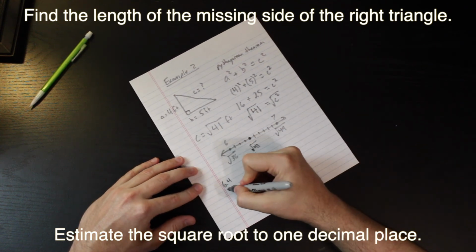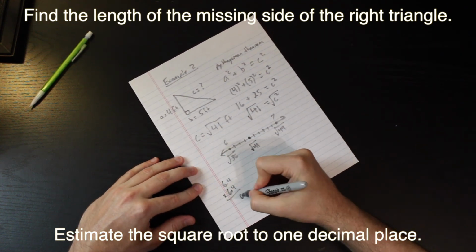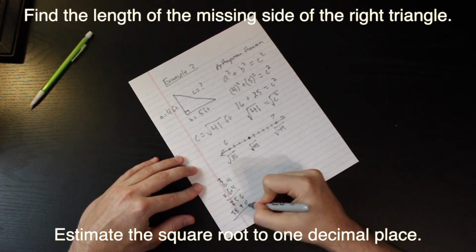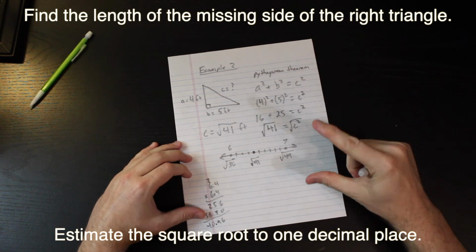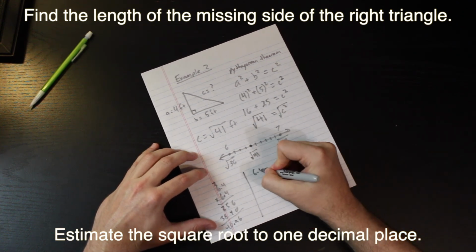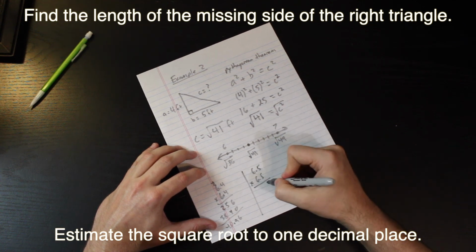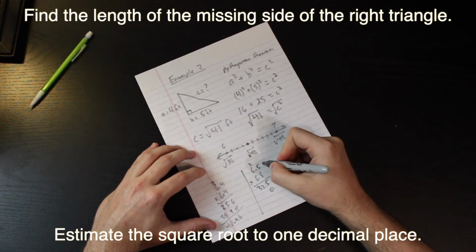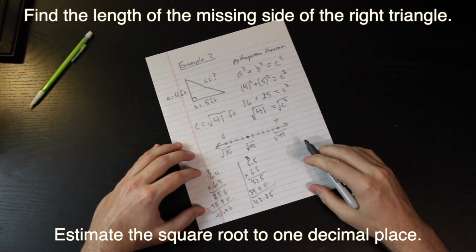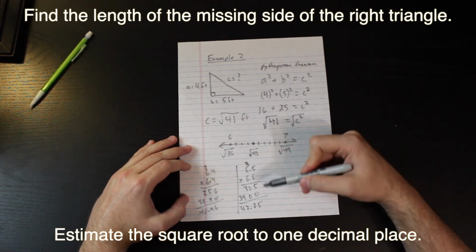Now, let's square 6.4. 6.4 times 6.4 is 40.96. That's a tiny bit too small. So now let's square 6.5. 6.5 times 6.5 is 42.25. That is too big.